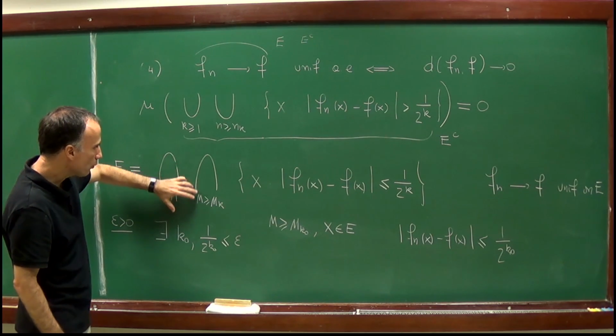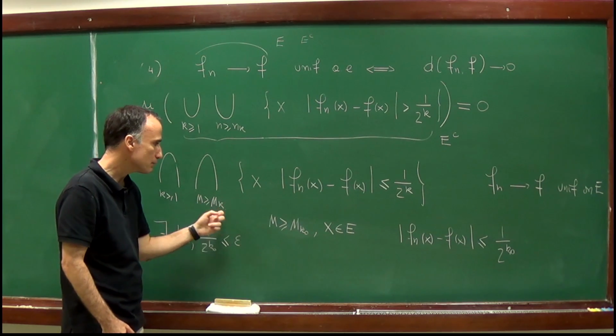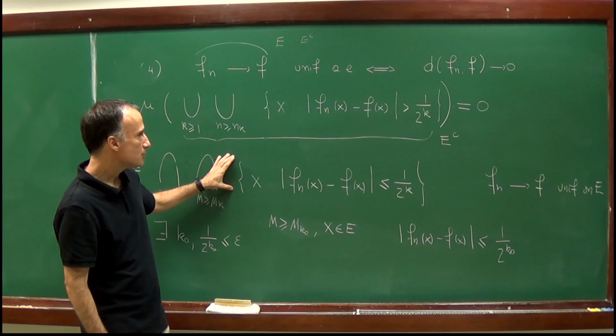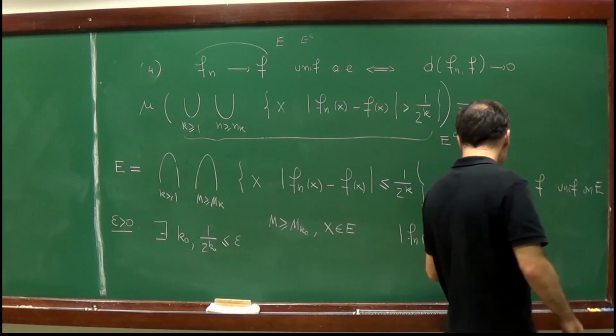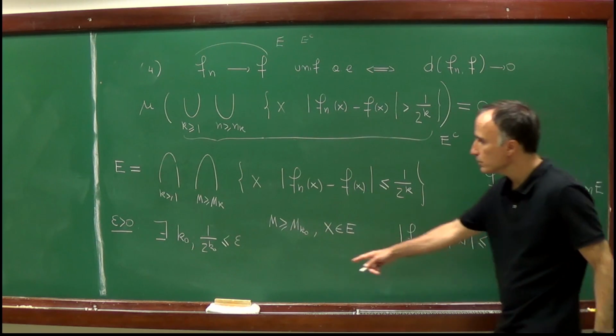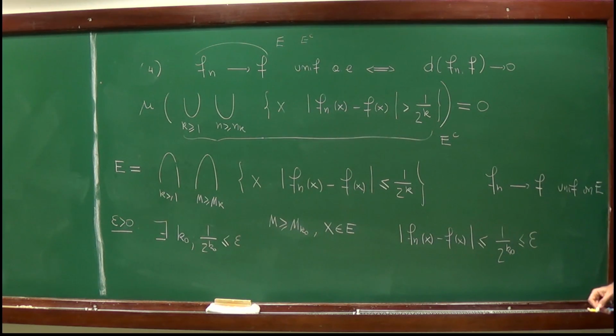It means that if I take n larger than nk0, x belongs to this set, which means that |fn(x) - f(x)| is smaller than 1 over 2k0, and we chose k0 such that this is bounded by epsilon.